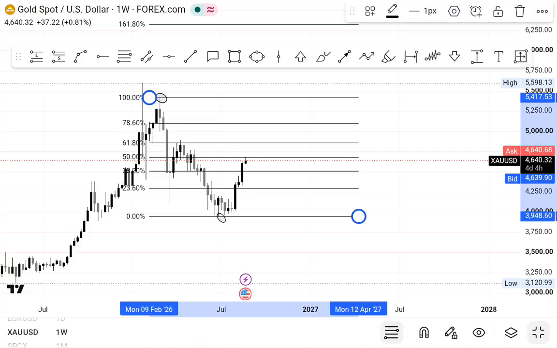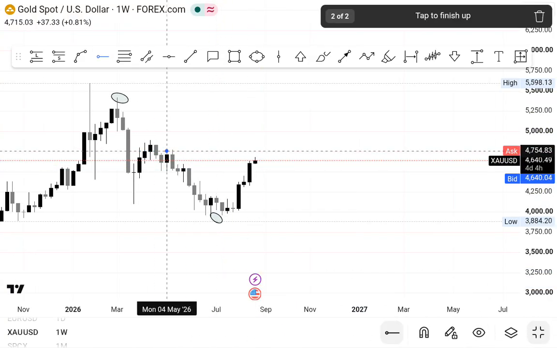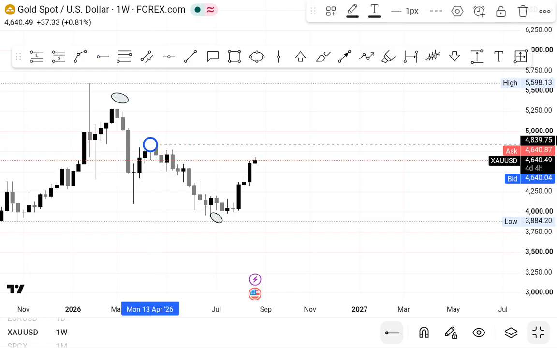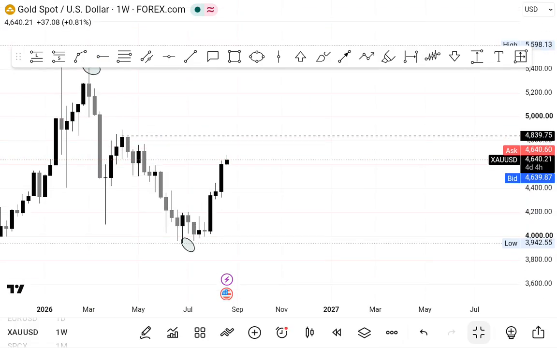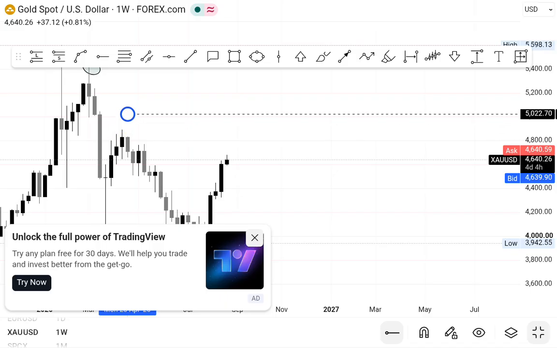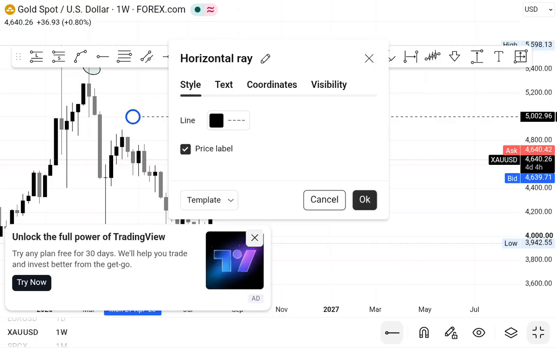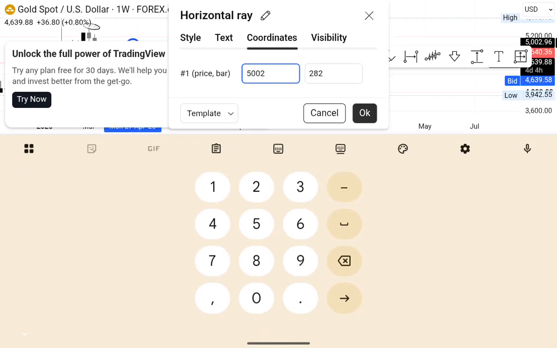So from here where they are, we can see that they haven't taken out this level here. But if we look at this level, we can even plot price around 5,000. Let me do this. Exactly at 5,000.